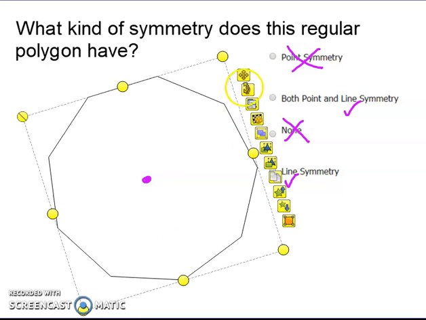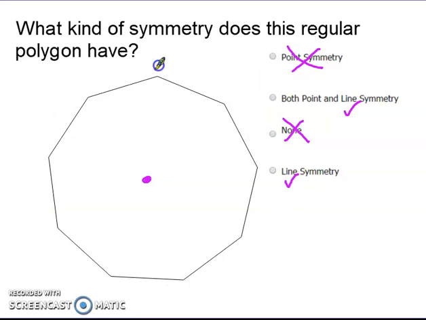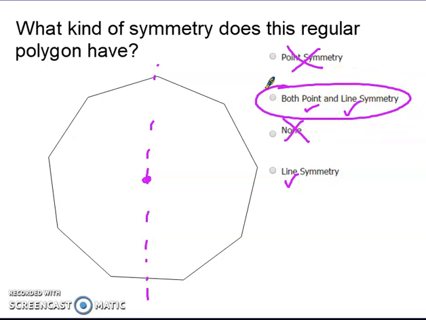It looks identical to where it started. But if you notice, my taskbar that started on the top of my page is now off to the side. Even so, if I were to draw a line down the middle, it's still two equal parts. So, because I found a way to rotate the shape and get the same exact shape out, this also has point symmetry. So this shape will have both point and line symmetry.